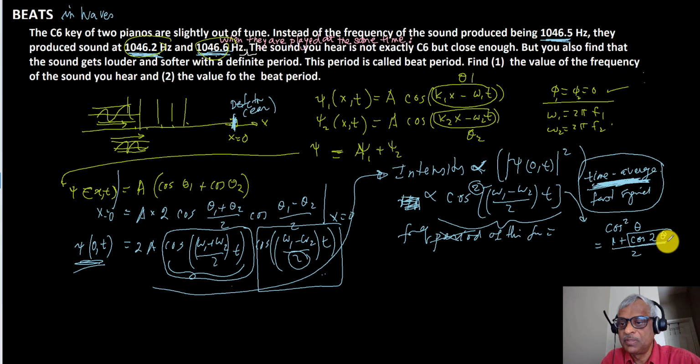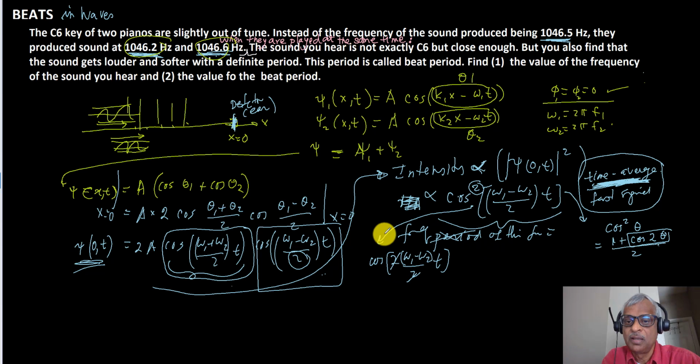This is the part that's varying. So this acts like cosine of 2 times (omega 1 minus omega 2) over 2 t, and the 2 cancels out, and the angular frequency of this will be omega 1 minus omega 2.